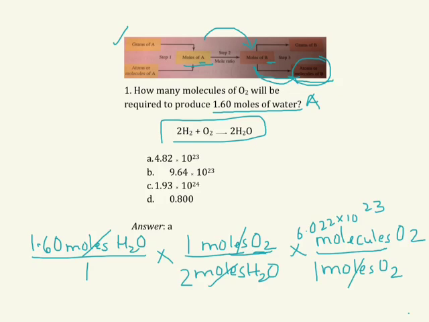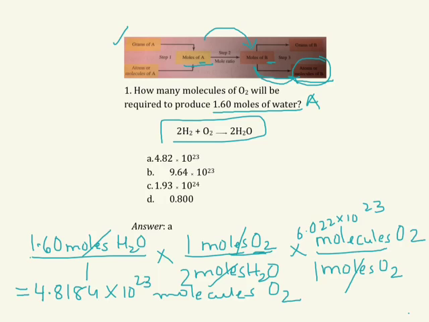And then this cancels. So 1.60 times 6.022 times 10 to the 23rd divided by 2 will be the answer. So if you solve that in the calculator, you will get 4.8184 times 10 to the 23rd molecules of oxygen.